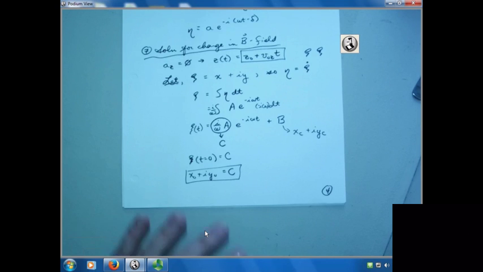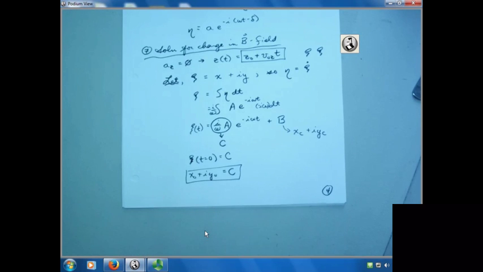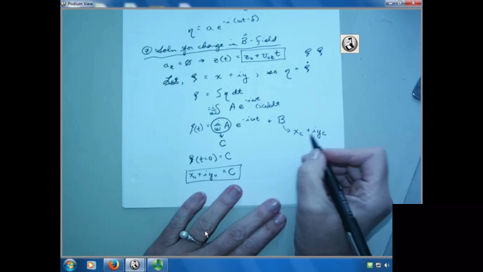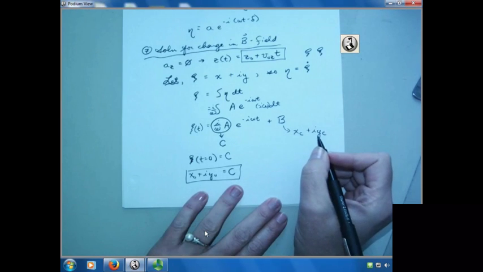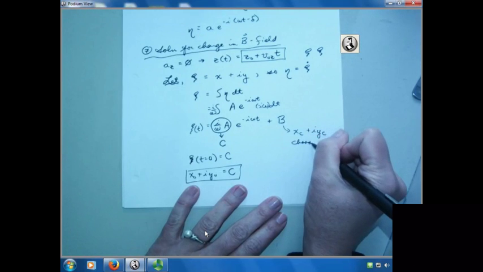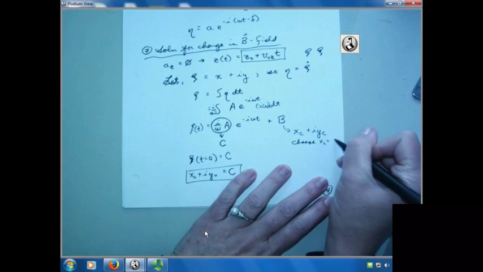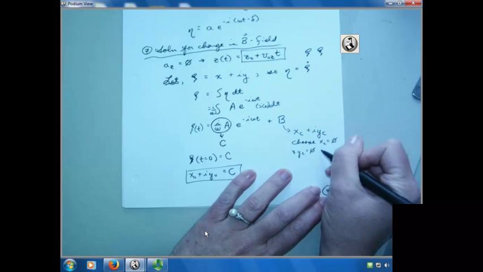What we are going to do is let the center of the circle occur at x equals 0, y equals 0. And so as a result, we can choose our coordinate system such that b equals 0. So we will choose x at the center is 0 and y at the center is 0 for our coordinate system.